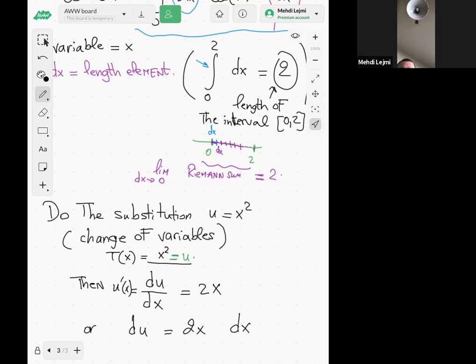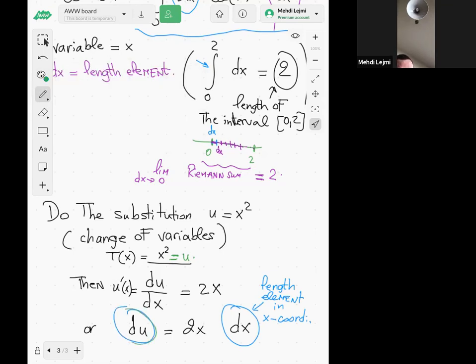So now, guys, you must understand that in the x coordinate, dx is the length element, right? This is the length element in the x coordinate. Now the length element in the u coordinate, with this new variable u, is du.